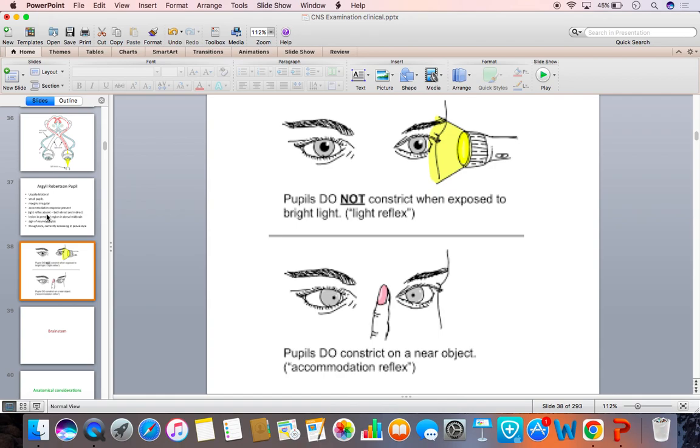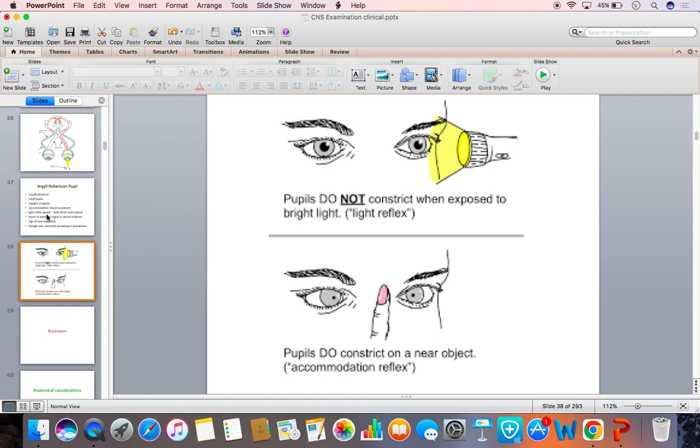You confine yourself to the testing eye. Direct response is the response of the testing eye to the focus of light on that particular eye. And its response when you focus the light on the opposite side is called the indirect response. Okay? That means you be mindful that you are talking in terms of the testing eye, either the direct reflex or the indirect reflex. Okay?